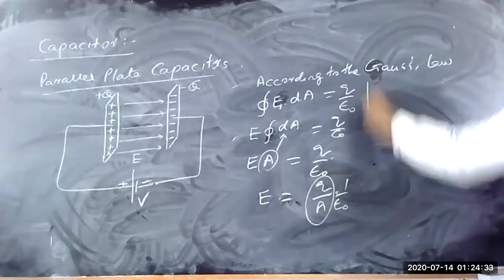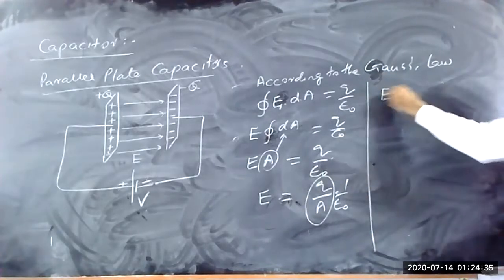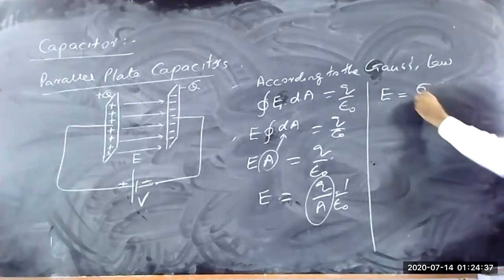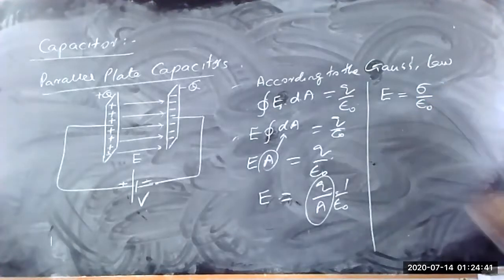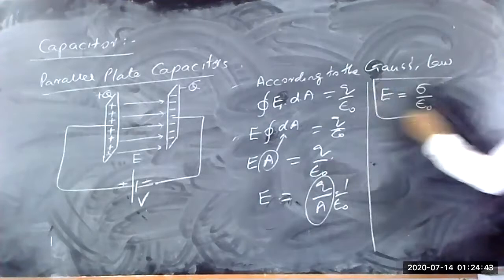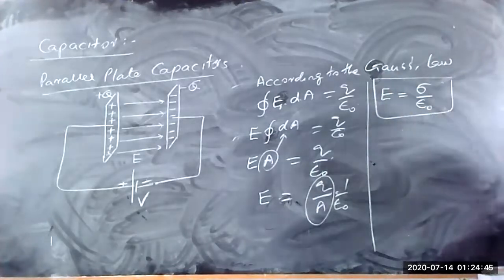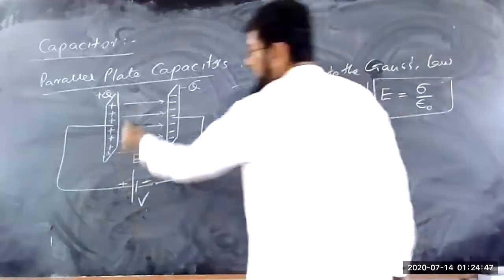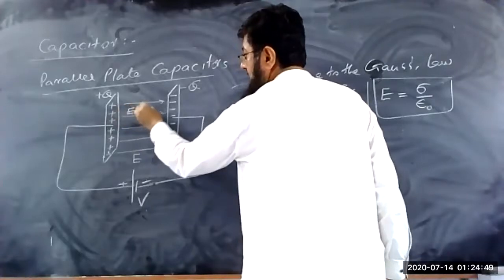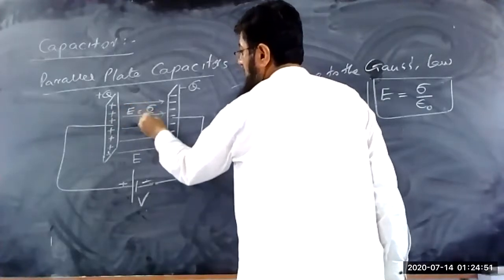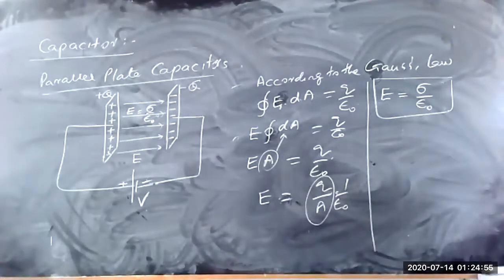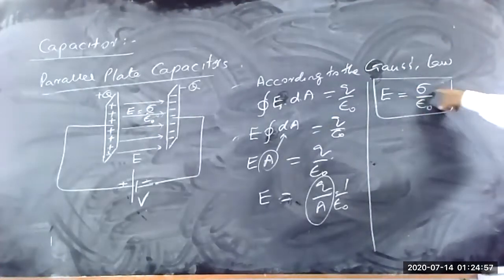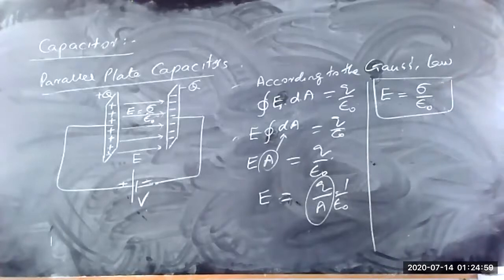Therefore, the electric field E between the plates is equal to sigma upon epsilon naught. This is what we found using Gauss's law. So the electric field between two oppositely charged plates is equal to sigma upon epsilon naught.